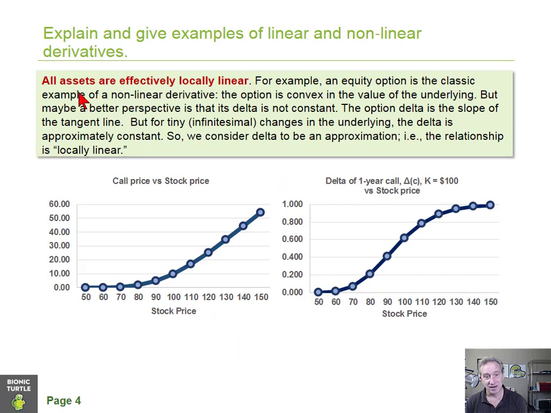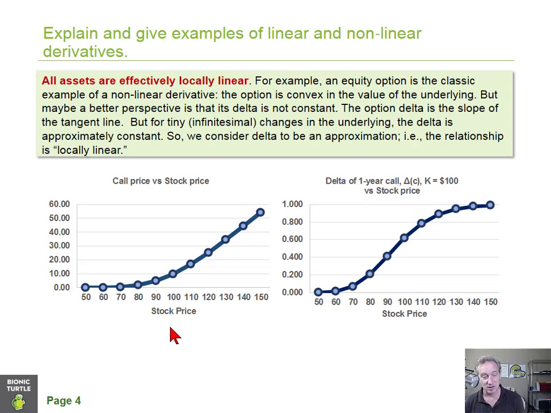Related to this idea is that all assets are effectively locally linear, and I've highlighted that. We're looking at the stock option context, but it applies all the same to the bond asset class context. When we study value at risk and risk measurement, the two asset classes that we focus on in the FRM as foundational platforms for learning, I think it's safe to say, are equity and stock options.